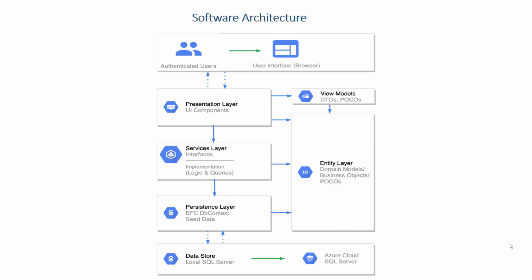And finally, the persistence layer will take a dependency on the entity layer only. So these dotted lines here indicate our HTTP request and response, things like HTTP GET and HTTP POST. Then down here, this dotted line represents the persistence of data to and from our data store.